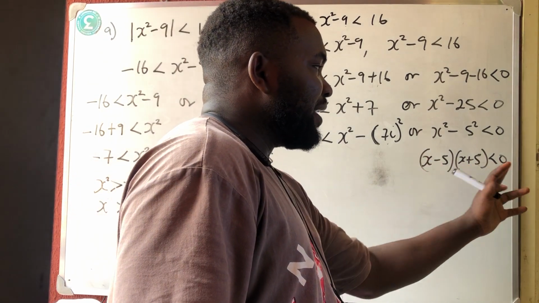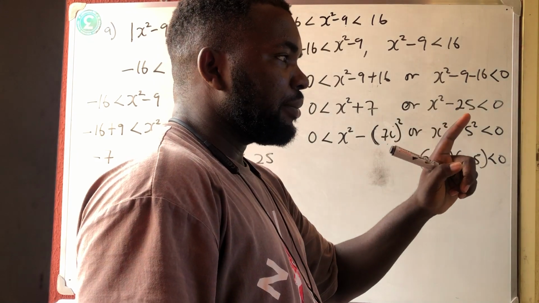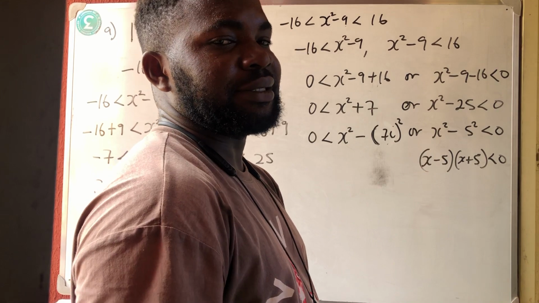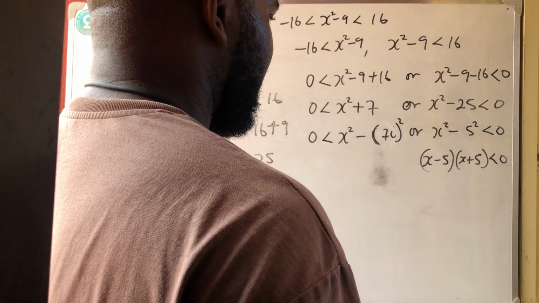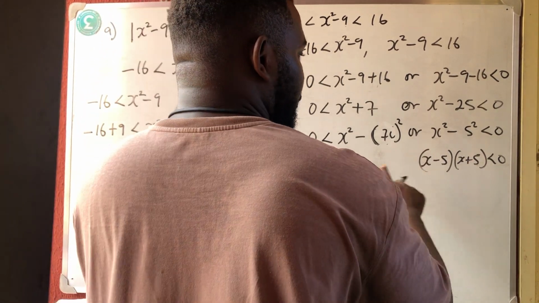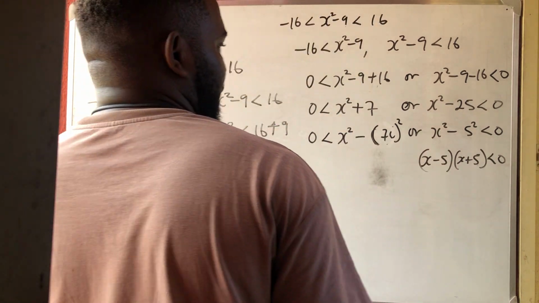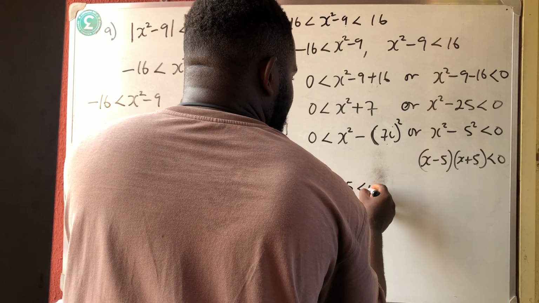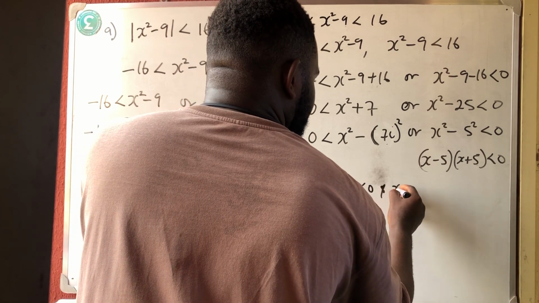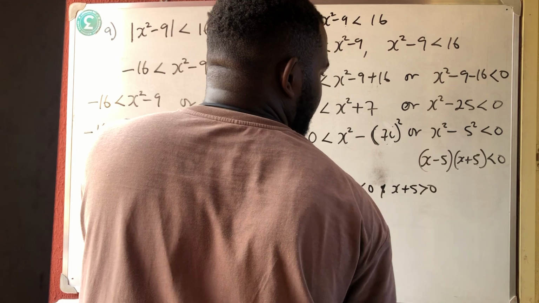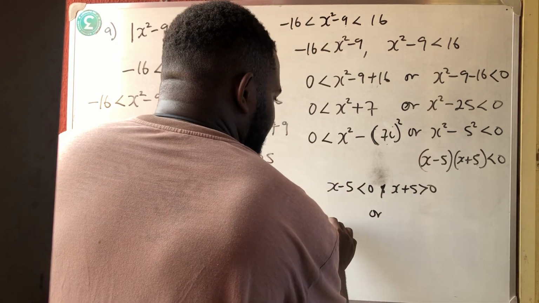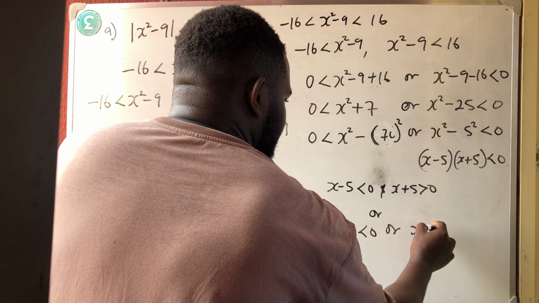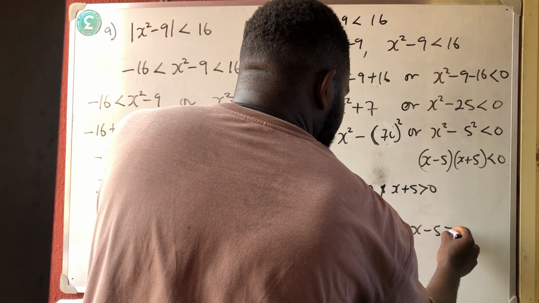The product of two things being less than 0 means that one of them is less than 0, not both of them. It means that both of them are of opposite signs. So I can say that either x minus 5 is less than 0 and x plus 5 is greater than 0, or x plus 5 is less than 0 and x minus 5 is greater than 0.